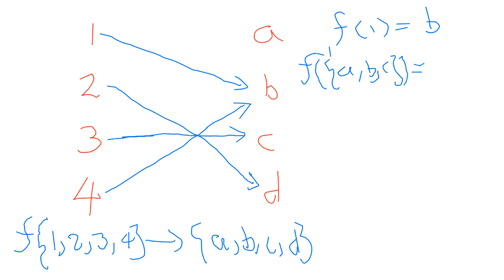Let me see if you guys pick it up. What is the inverse image of the set ABC? We're going back to the domain now. Guys, don't leave me hanging. What is the inverse image of the set ABC?